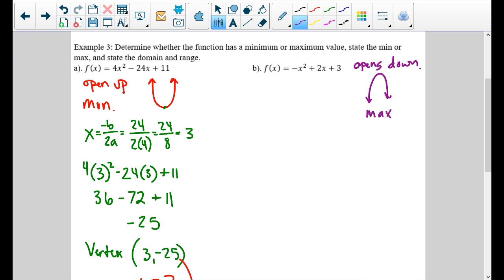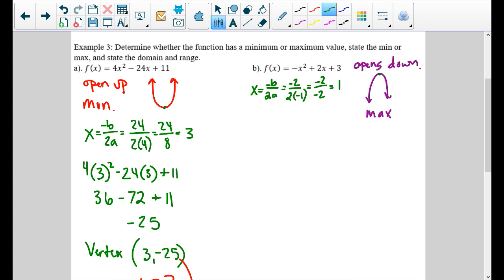So how do I find that max? What do I need to find? The vertex. So I need to find x equals opposite of b over 2a. Opposite of b is negative 2. 2 times a is negative 2. So negative 2 over negative 2 is just positive 1. Now I need to find the y value.